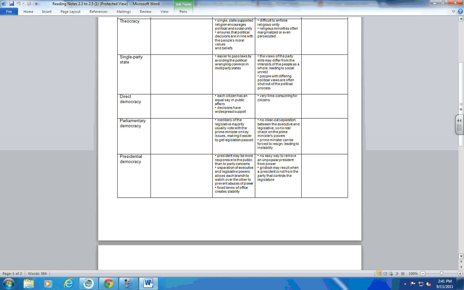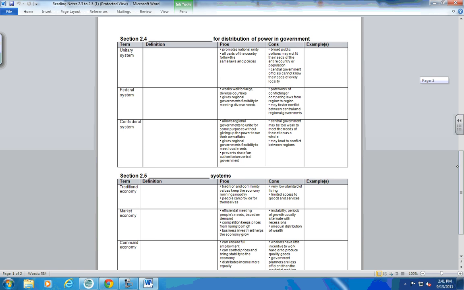I want to look at Section 4 now. And Section 4 is systems of government. And let me explain that a little bit better.